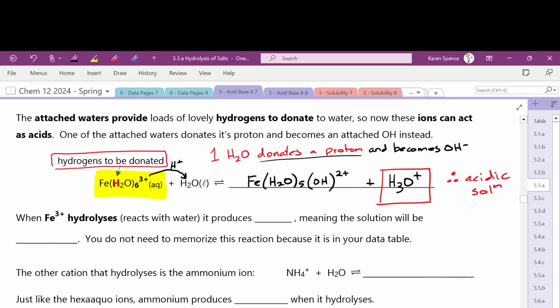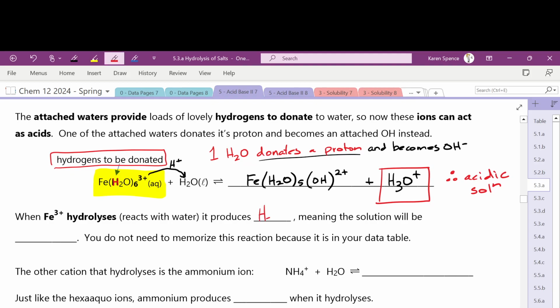So when Fe3 plus hydrolyzes, it produces H3O plus hydronium, meaning the solution will be acidic. You do not need to memorize this reaction because it is in your data table.